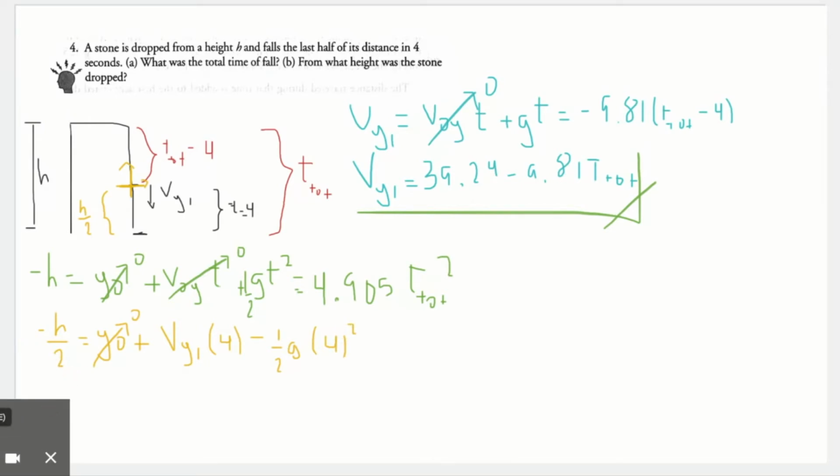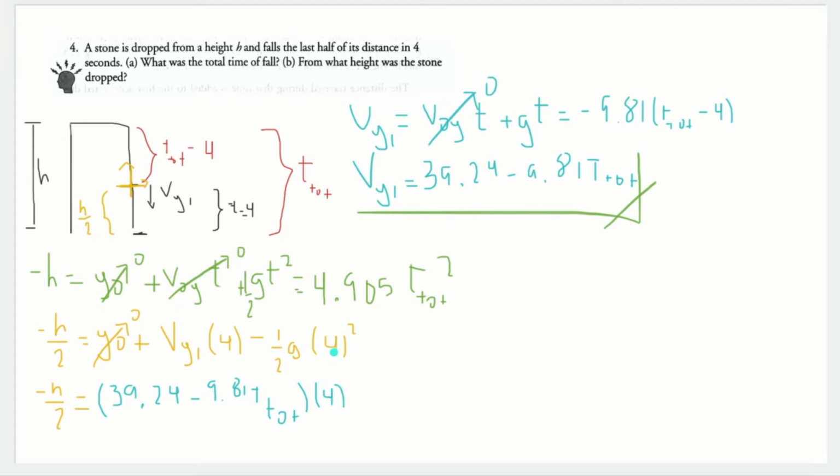Now we can continue multiplying this part. So it will be minus h divided by 2 equals, I will change this Vy1 for the value we got previously in blue. I'm writing a parenthesis because that is the whole thing you're multiplying times 4: 39.24 minus 9.81 t tot, because this is the total time, then everything times 4.